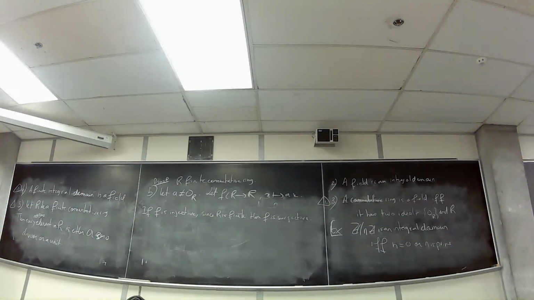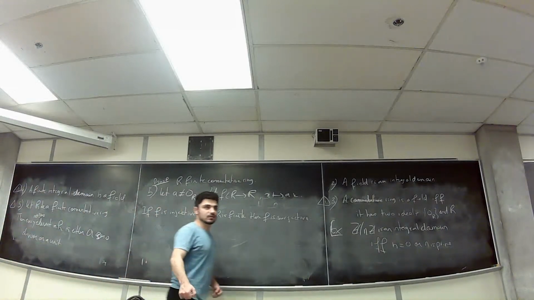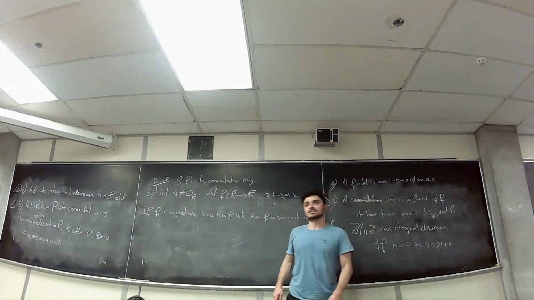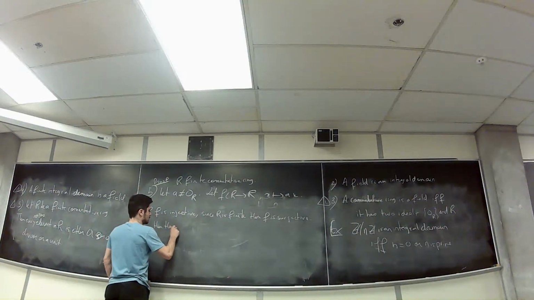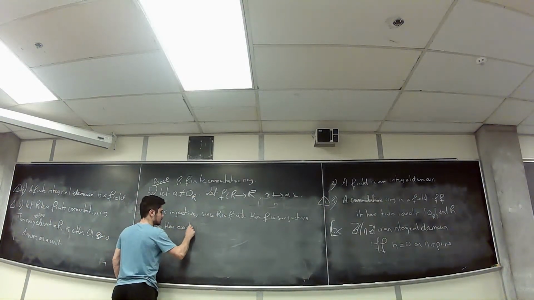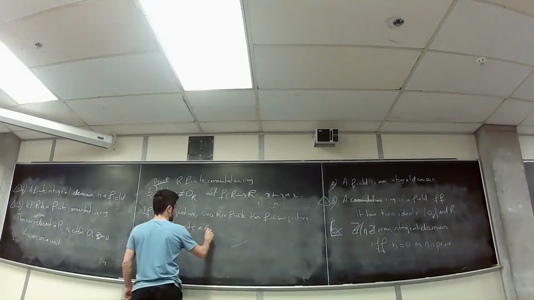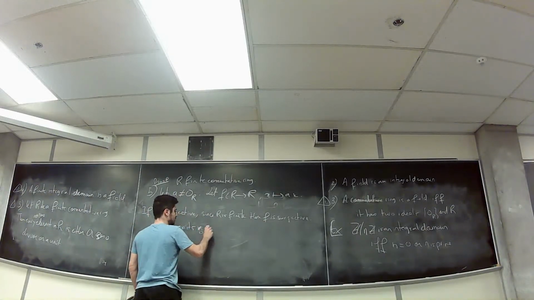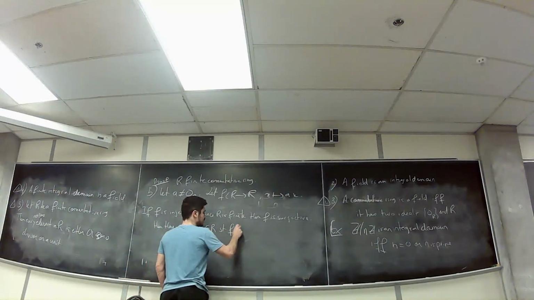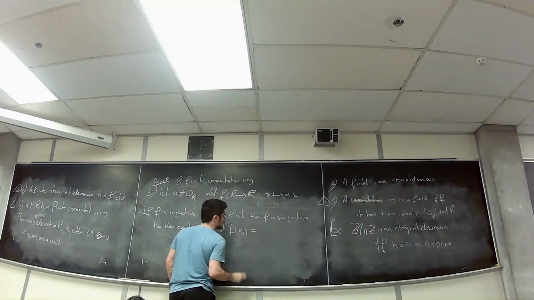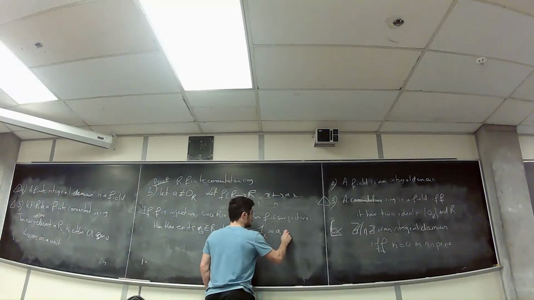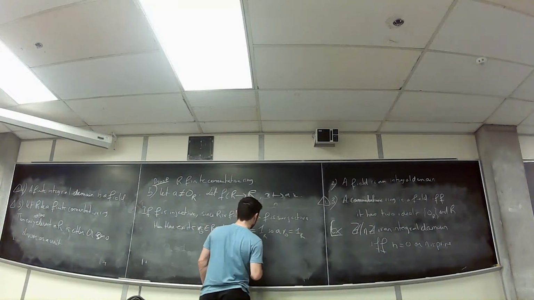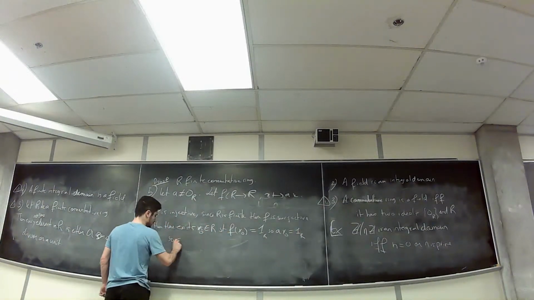This is the proof. If you have a finite set and a function from R to R, if it's injective, then it's surjective. Then there exists x0 in R such that f of x0 is equal to 1_R. So a x0 is equal to 1_R. So a is a unit.